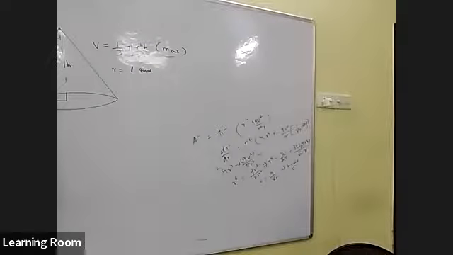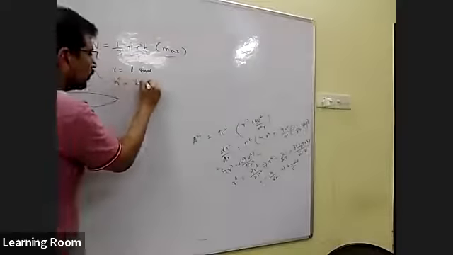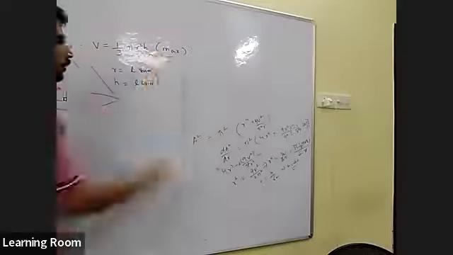This is 90 degrees, this is the hypotenuse. So R is L sin alpha, and H will be L cos alpha.